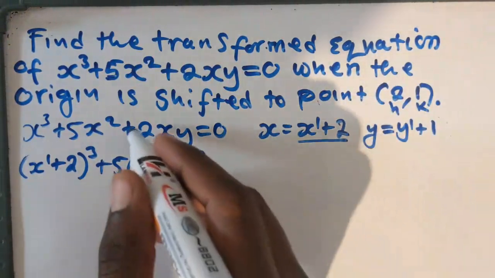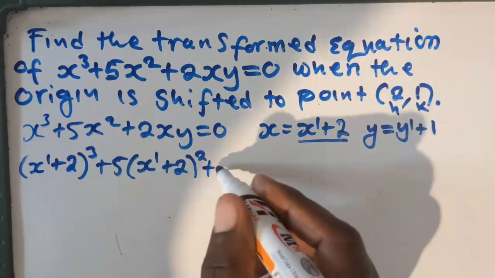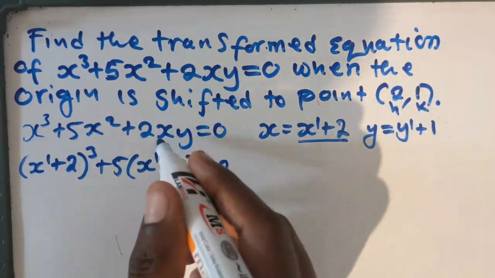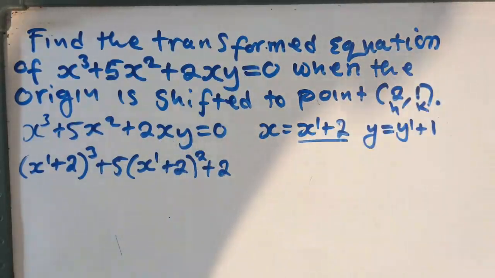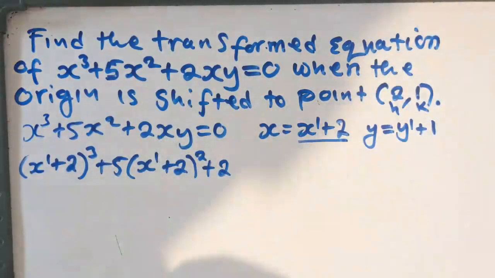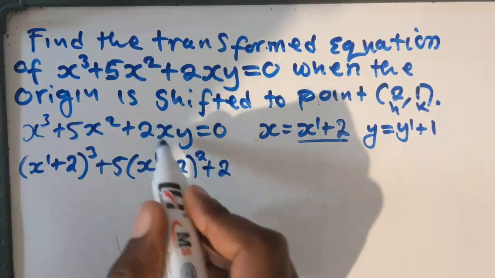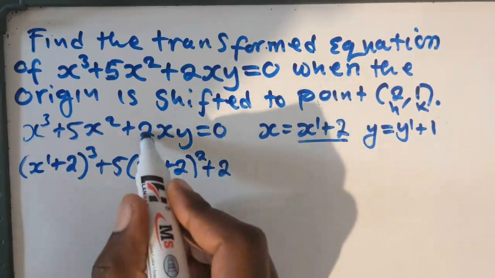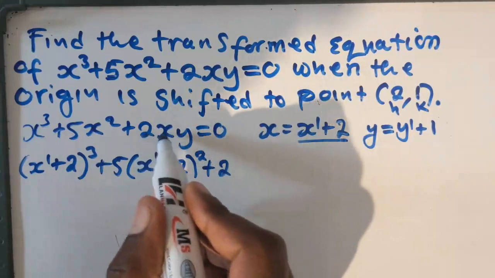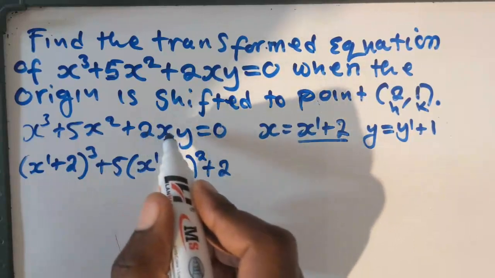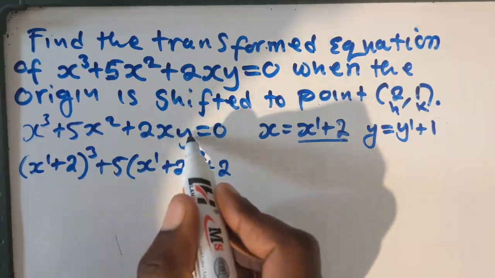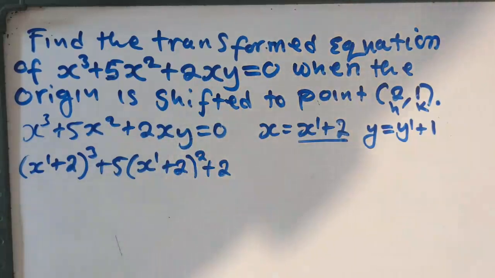Then from here you have a plus 2, then this is x. But here don't be confused. This 2 is multiplying with everything. It is multiplying with x as well as y.